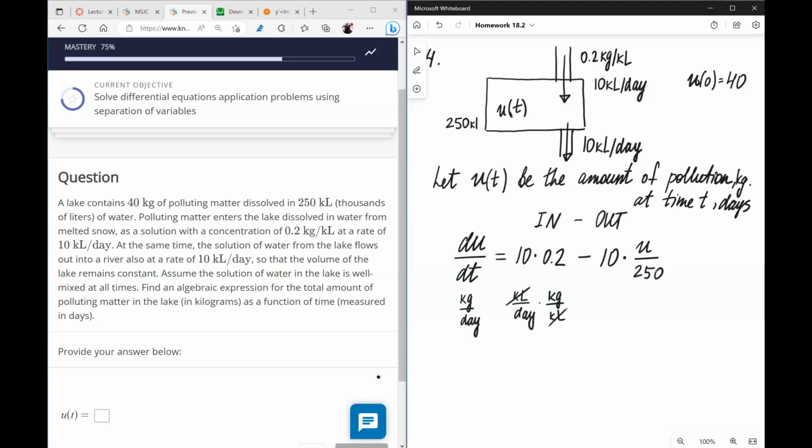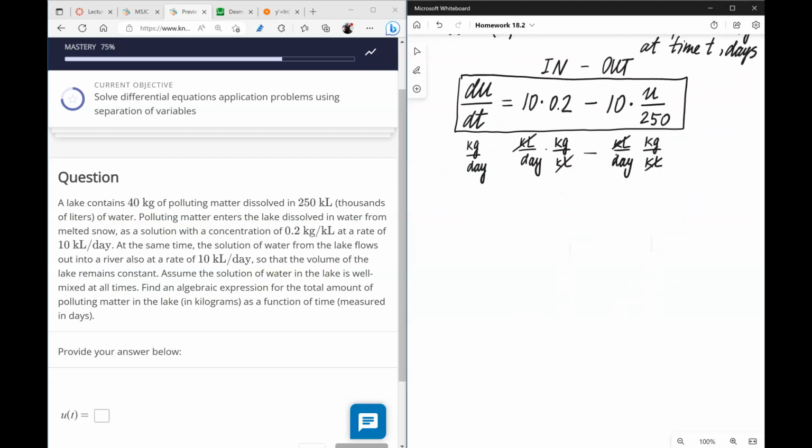So here we have units kilograms per kiloliter, and these are again kiloliters per day. So after kiloliters cancel, we have kilograms per day. So this is the differential equation that we set up that describes the behavior of function u.